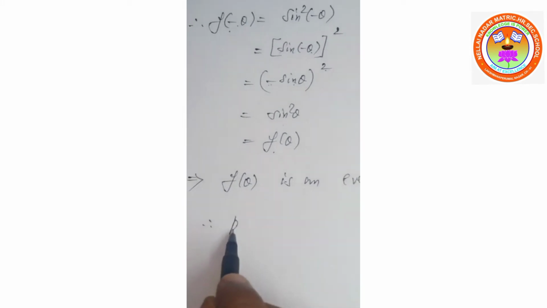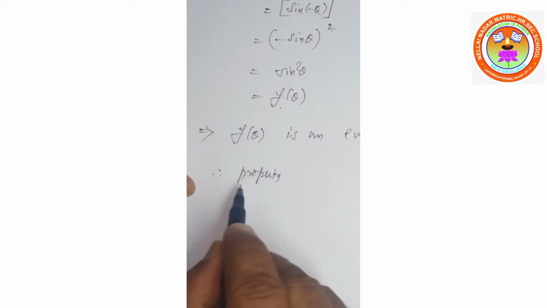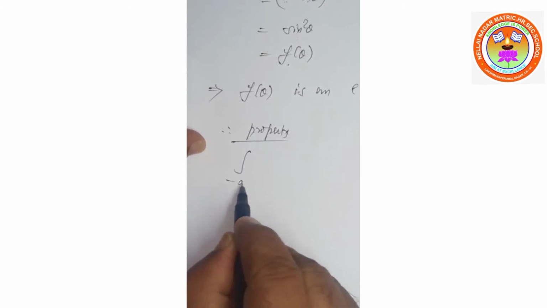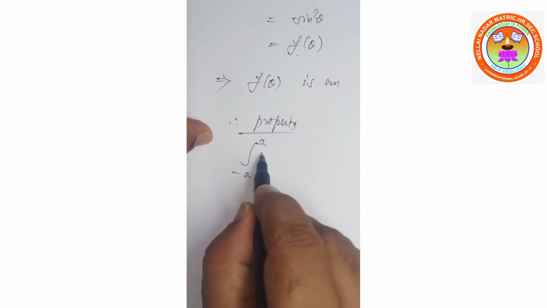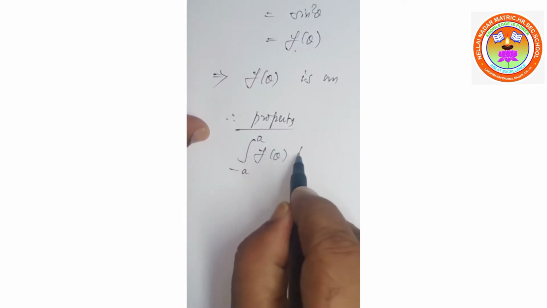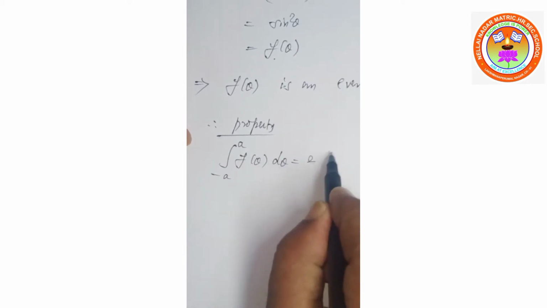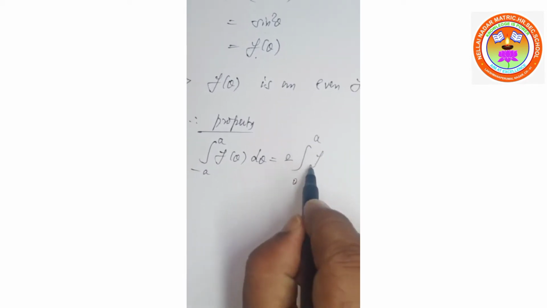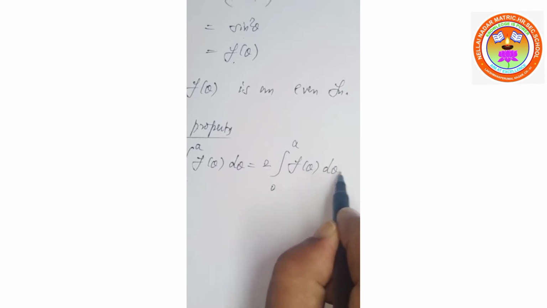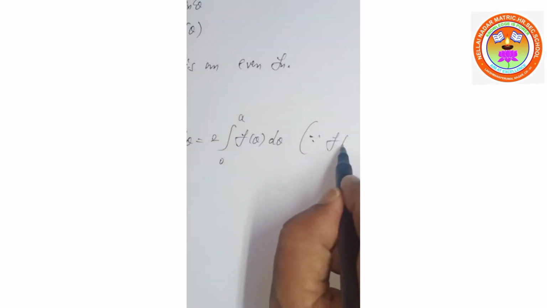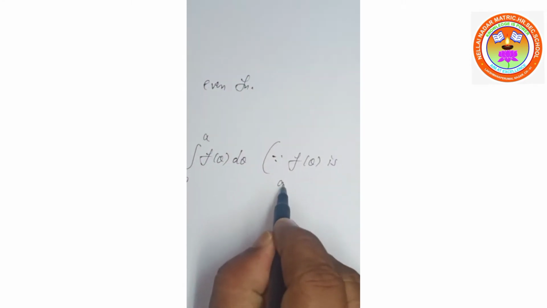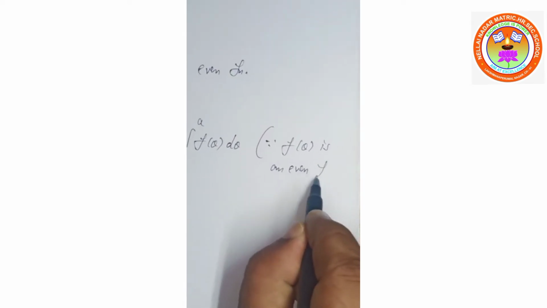Therefore, what is the property? Integral minus a to plus a f of theta d theta equals 2 times integral 0 to a f of theta d theta, since f of theta is an even function.